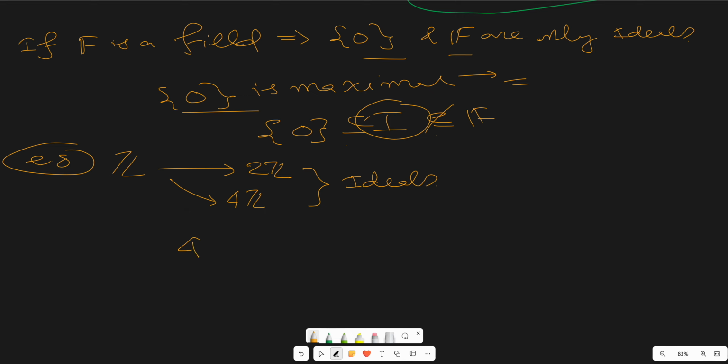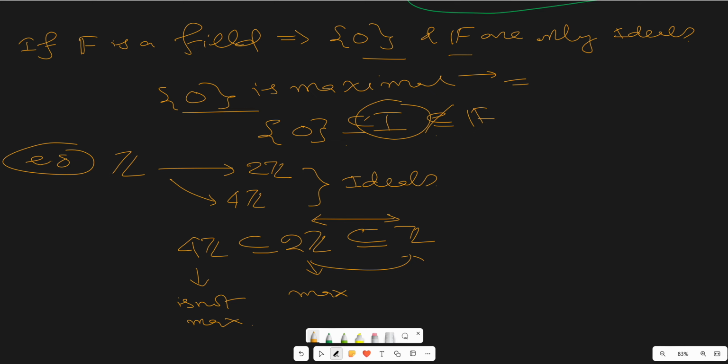So 4Z is contained in 2Z, and 2Z is contained in Z. 4Z is not maximal, and 2Z is maximal, because you cannot find any ideal in between. Can you find any ideal between 2Z and 4Z? No such ideal is here. So 2Z is a maximal ideal in Z, but 4Z is not a maximal ideal in Z, right?